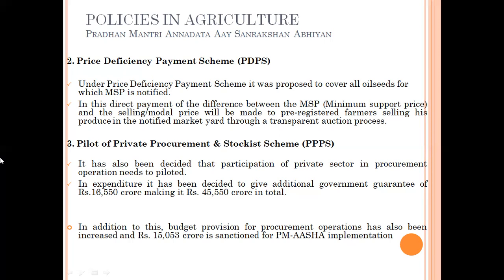The third one is the pilot of Private Procurement and Stockist Scheme. In this, they initiated that the private sector will also come into the procurement operation. So all these are the main points of the scheme.